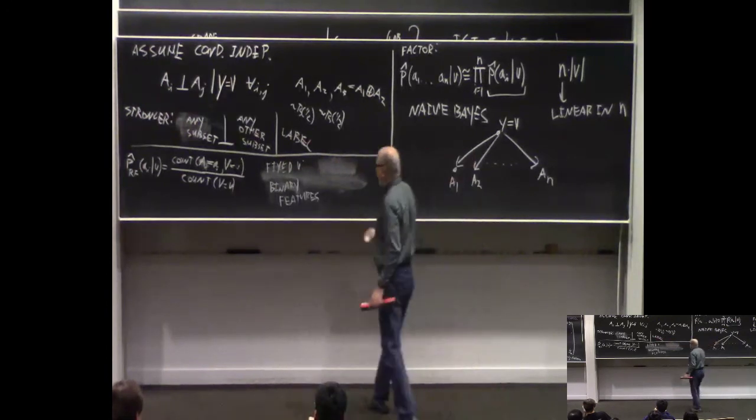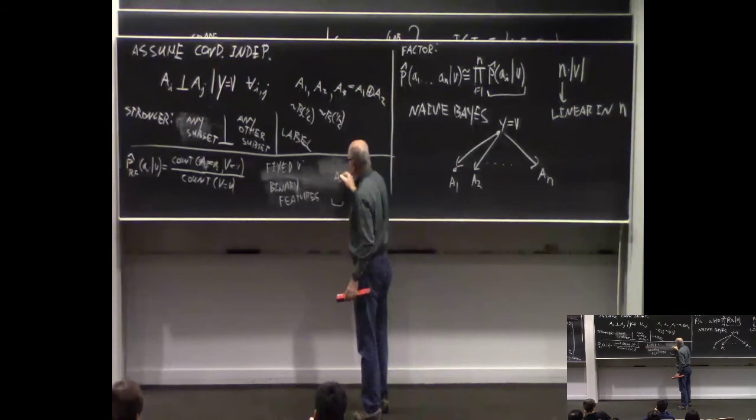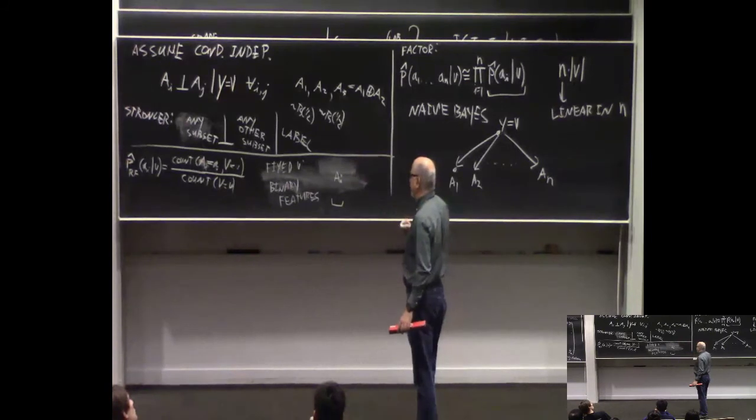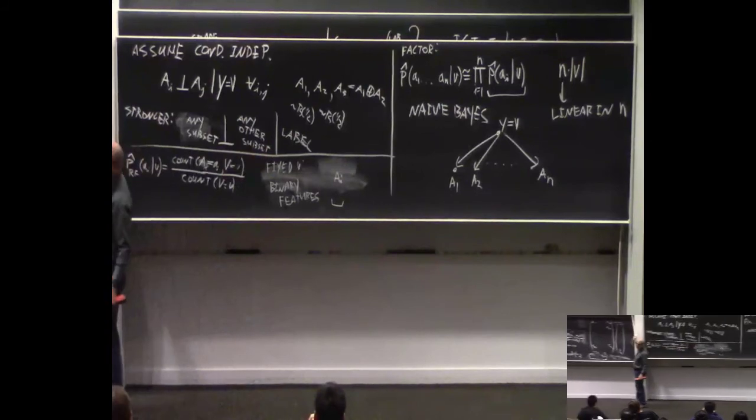I'm going to pretend that my attribute a_i... I did something wrong here. All right, let's develop the Laplace method separate from naive Bayes, and then I'll tell you what my problem is.